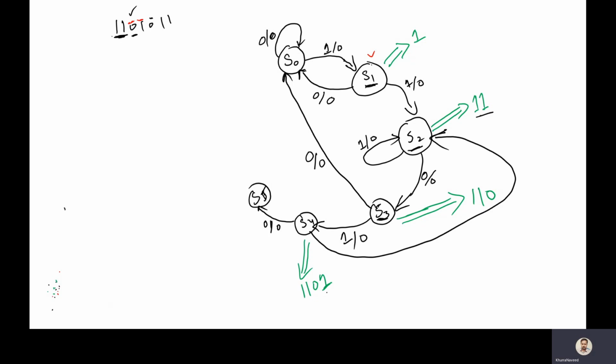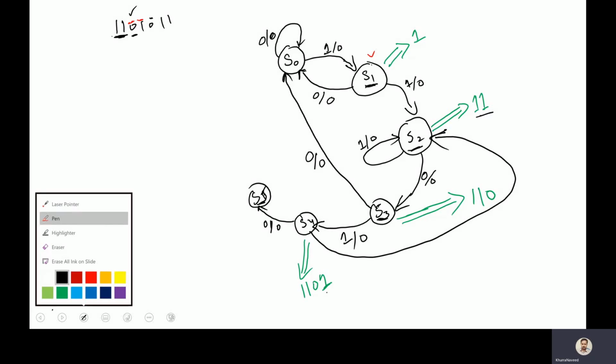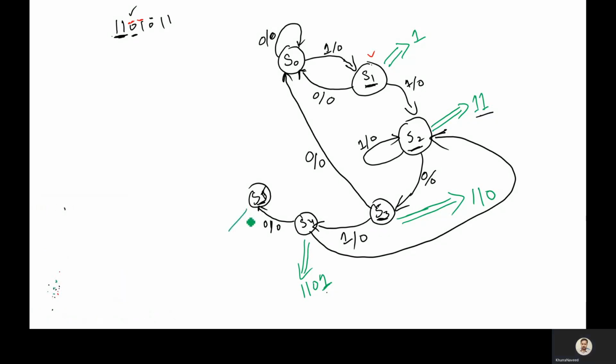So now we are at this state S5, and this S5 corresponds to the detection of 1 1 0 1 0, right?